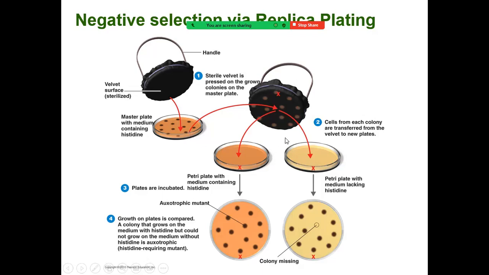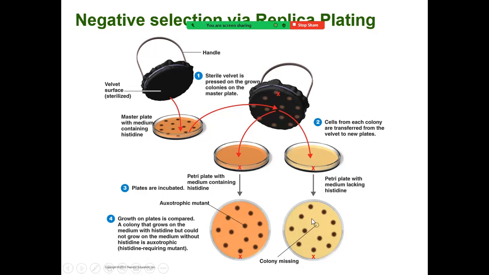When you stamp the plates, you can stamp 1 plate with a medium containing the amino acid histidine, and another plate with a medium lacking the amino acid histidine. And then you can look to see if colonies grow on this plate that are absent on this plate. This colony that's missing here is a mutant, and it requires the presence of the amino acid histidine, or it's not going to grow.